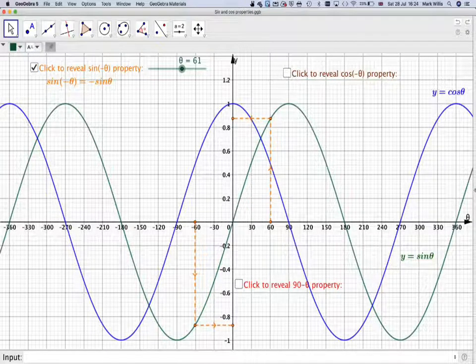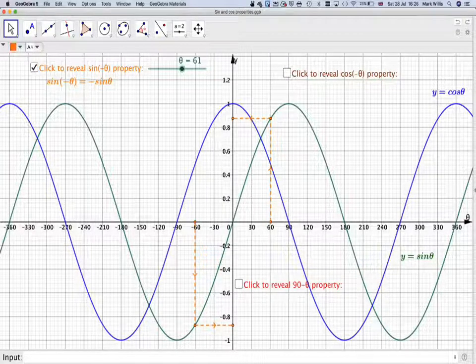If I move this, let's do 60, you get this value here. This length here, if I do sine of minus the same value, I get the same length but negative. Therefore, sine of minus theta is minus sine theta.